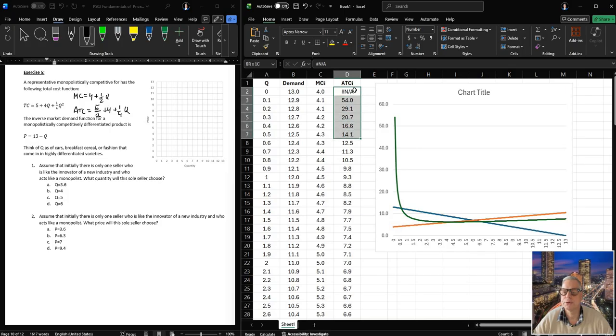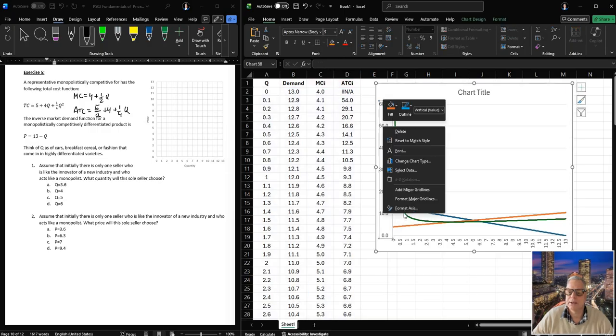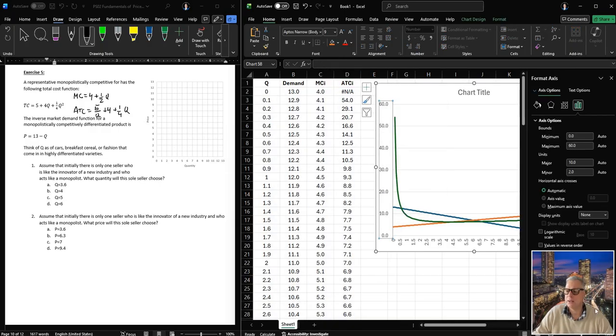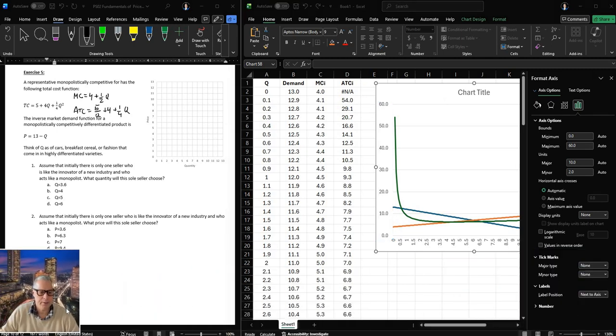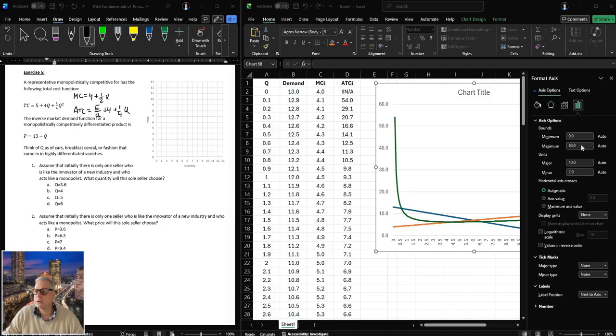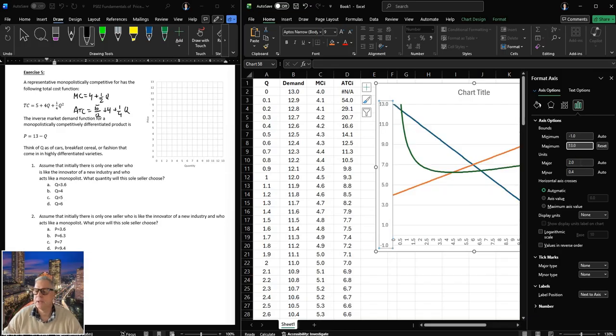We can do that in several ways. We can go to format axis, and say that the maximum is supposed to be 13 and the step value is 1.